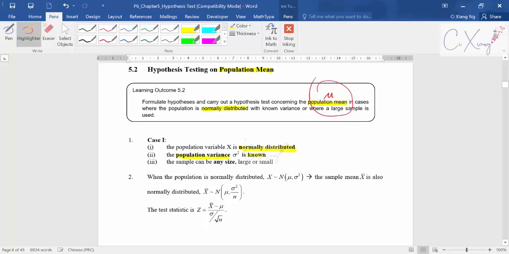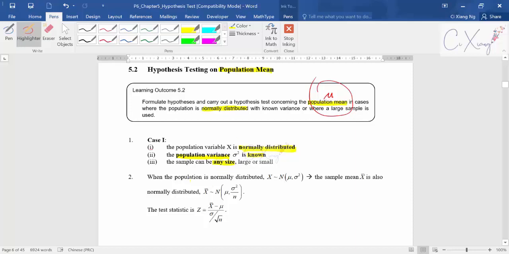Since the population variance is known, the sample size can be large or small. All these are the characteristics of the condition: the population is normal, the population variance is known, and the sample can be any size. Because the population is normally distributed, the sample size is not important. It can be large, it can be small.